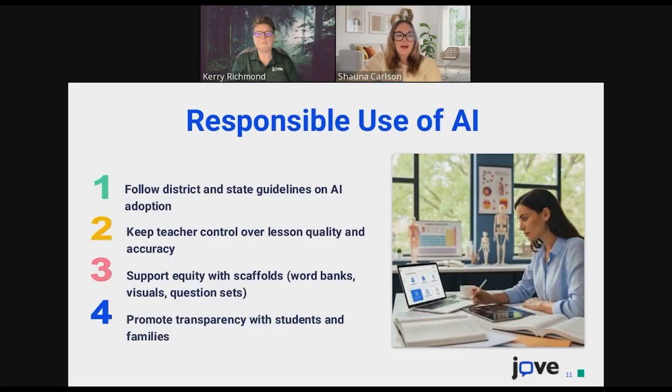All right. So, talking about these district policies and responsible use of AI, I think it's important to remember, as we talked about before, that AI is a tool. As an educator, you are in control of the quality and accuracy of the lessons that you're producing for your classrooms. Following district guidelines, if they have them in place, will ensure that you're using it in safe and appropriate ways. And if you don't have district guidelines in place, I would also say that using subject specific AI tools that draw only from pre vetted, credible resources is really key.